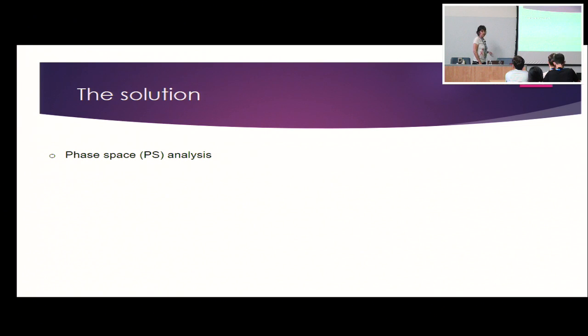We have a very powerful tool in our hands, explained in many textbooks, and the tool is the phase space analysis of the system. For those of you that are not familiar with this terminology, phase space is the space generated by the variables of the system.